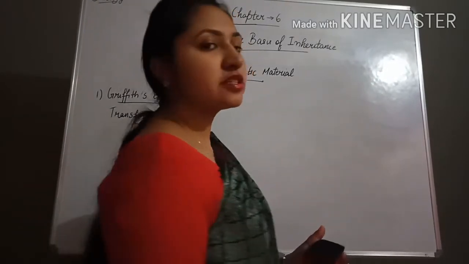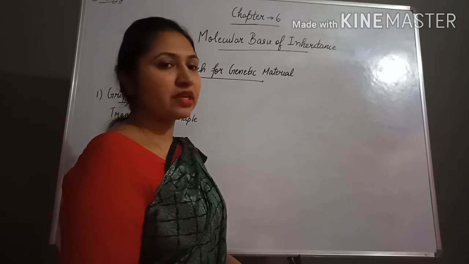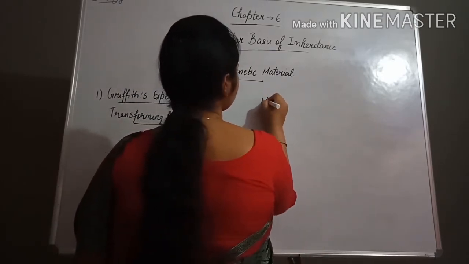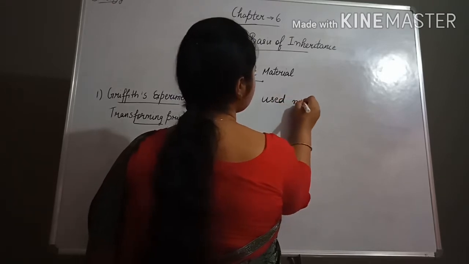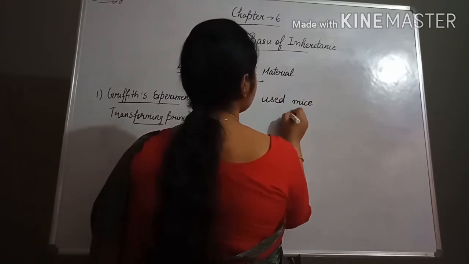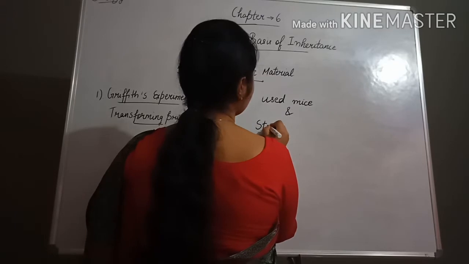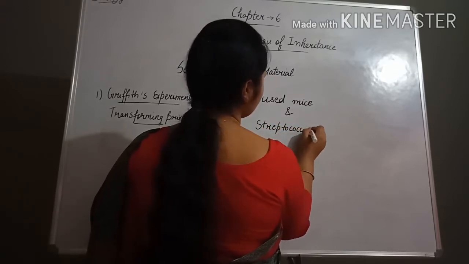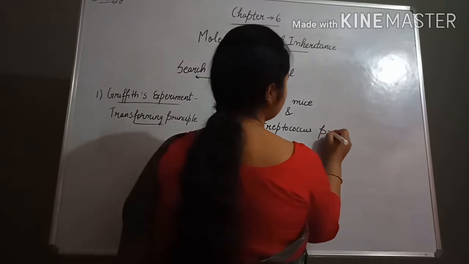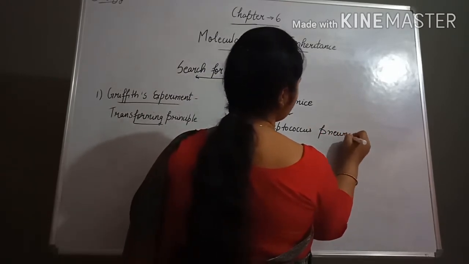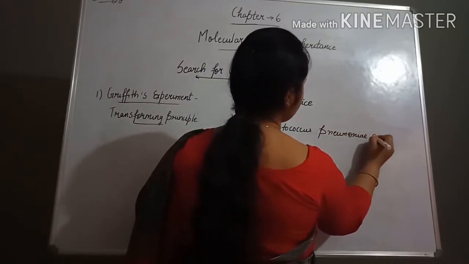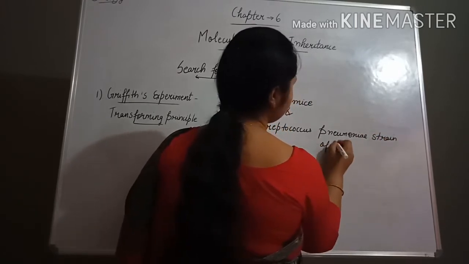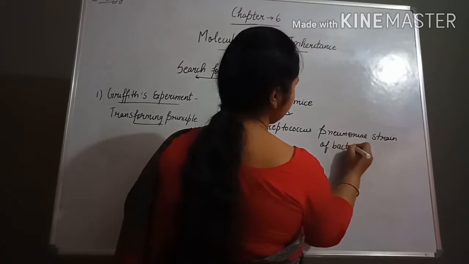This experiment is also known as the transforming principle. Now Griffith used mice and the Streptococcus pneumoniae strain of bacteria for his experiment.